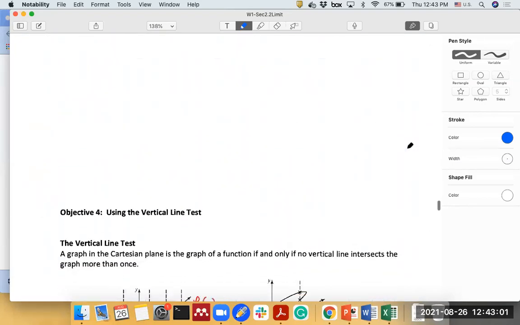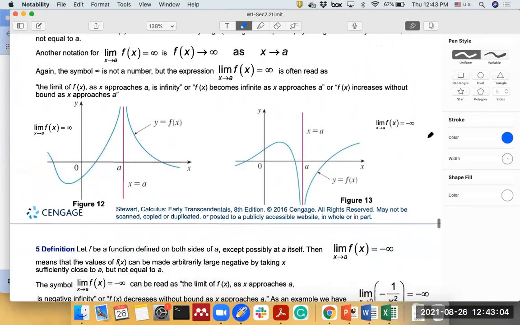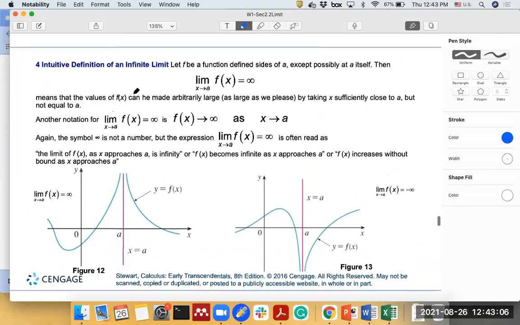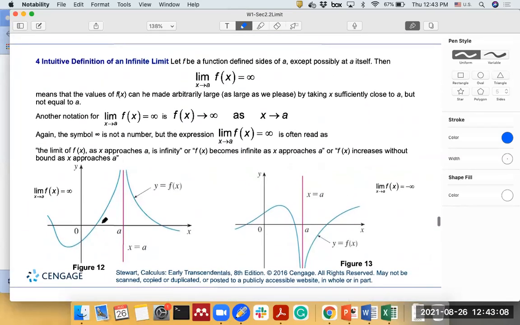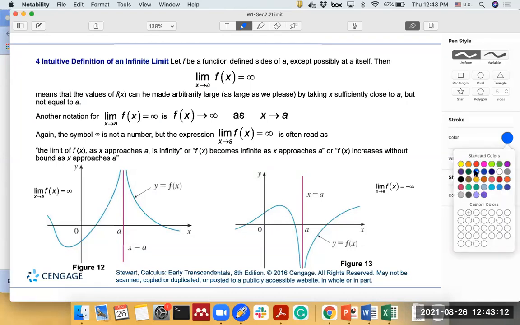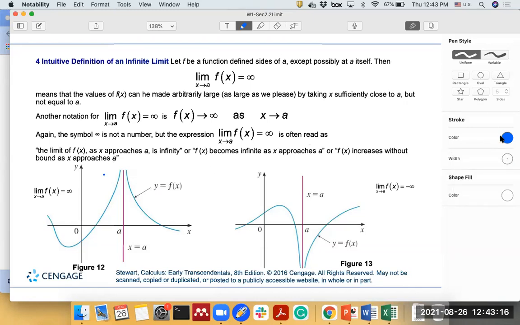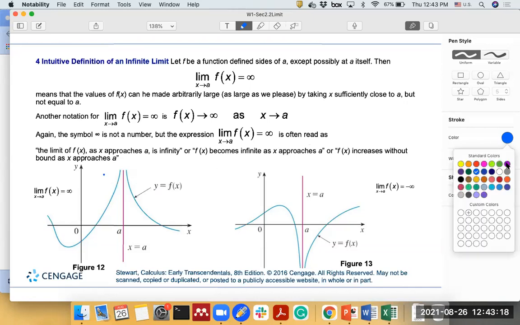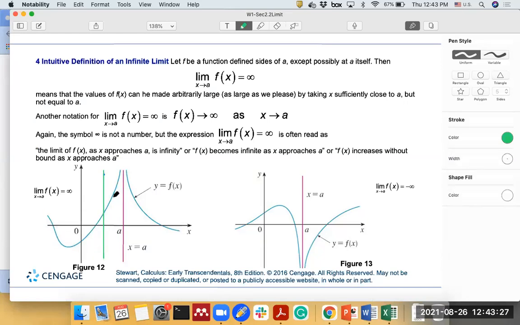For example, yesterday, the infinite limit. Here on this graph, for example, the vertical test, let's say this line always cuts the blue graph here at one point. It is a function, right?